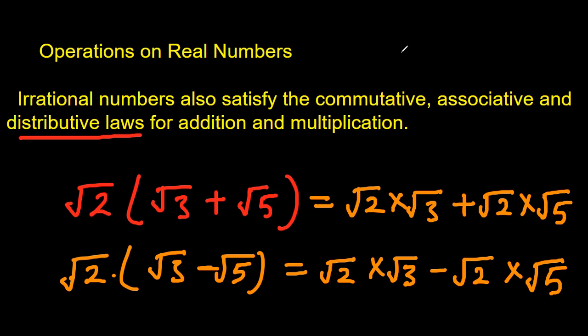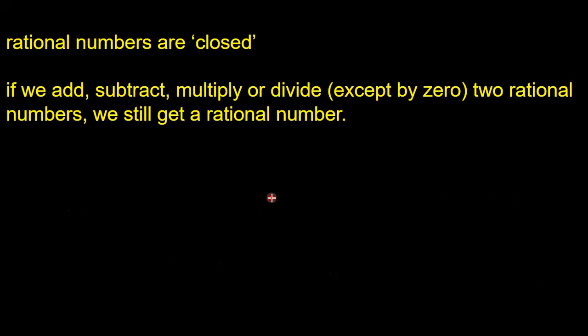Now you'll move on to the next thing. Rational numbers, whether they are closed, as we know, the rational numbers are closed. What does it mean? When we add two rational numbers, we get a rational number. When we subtract two rational numbers, we get a rational number. When we multiply or divide two rational numbers, again we get a rational number.